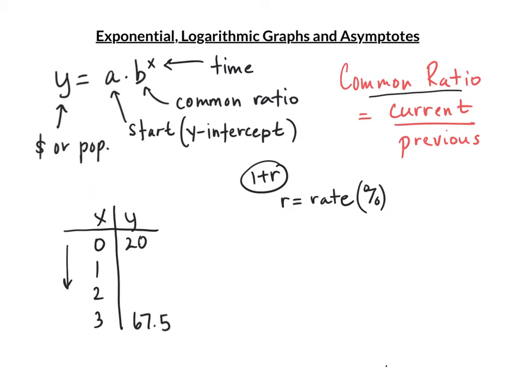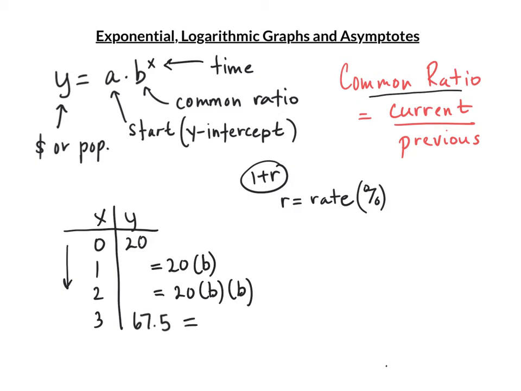To do that, what I need to understand is that in the table, the second value past the 20 is 20 times that common ratio. I'm going to call it B. The next value is 20 times the common ratio times that common ratio again.